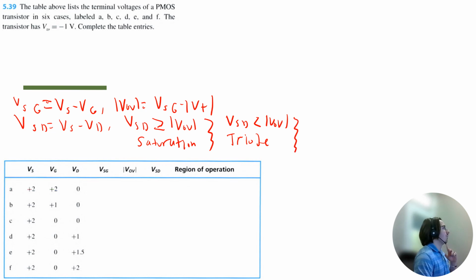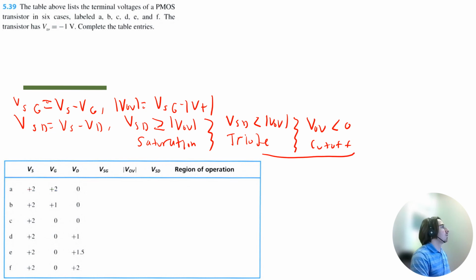And regardless of what the voltage from source to drain is, if V overdrive, so not the absolute value, but just the value of V overdrive, is less than or even equal to 0, we would call this the cutoff region.